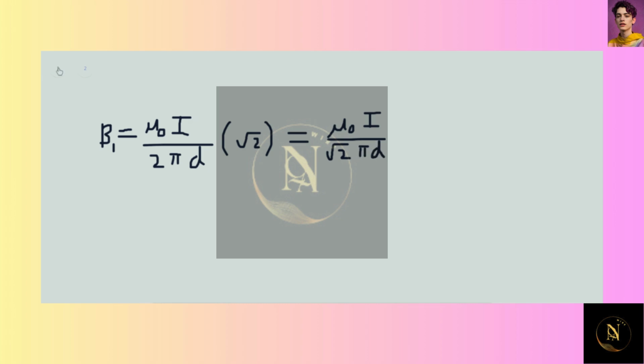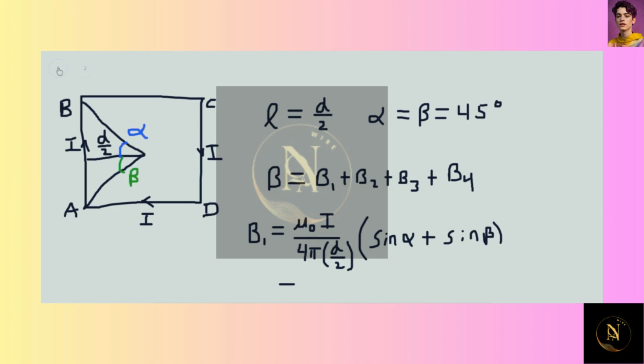We need to do the same thing for B2, B3, and B4. But if you look at the diagram, the length of each side is D, since it's a perfect square. Alpha and beta are going to be the same, and I is the same. So B1 is going to be the same as B2, B3, and B4, just from symmetry of the problem.